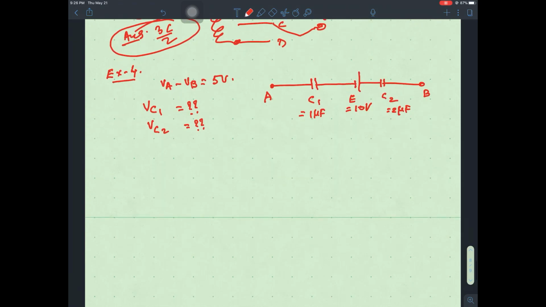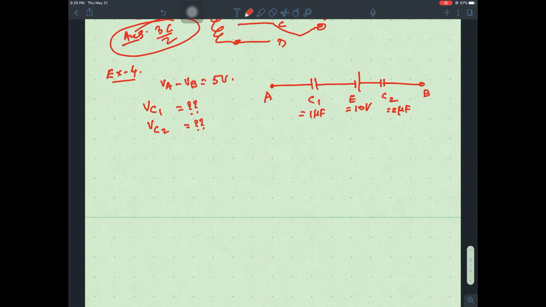The circuit elements are given, and you have to find the voltage drop across the capacitor C1 and across the capacitor C2. C1 has the capacitance of 1 microfarad, C2 has 2 microfarad, and the battery has the voltage of 10 volt.